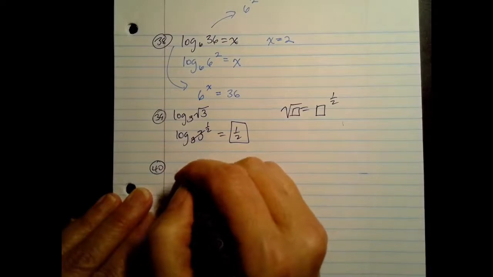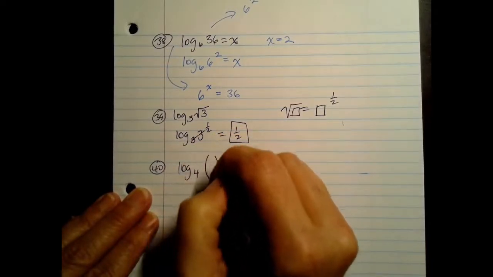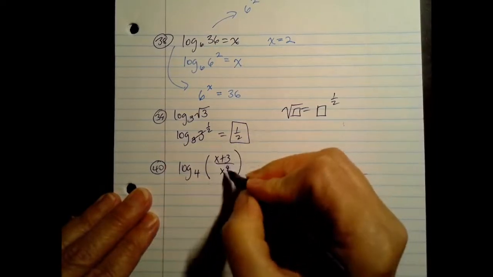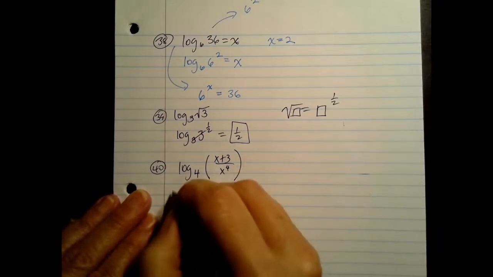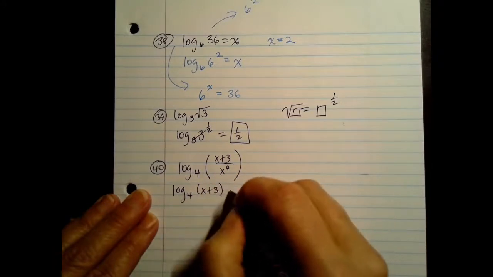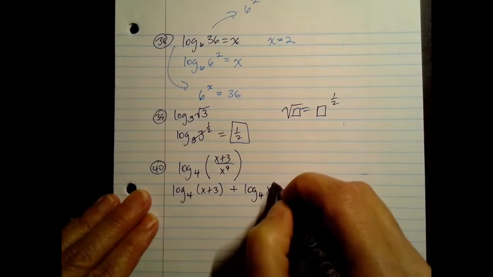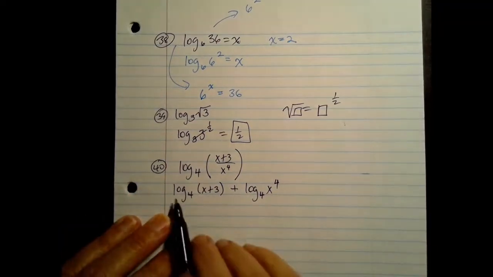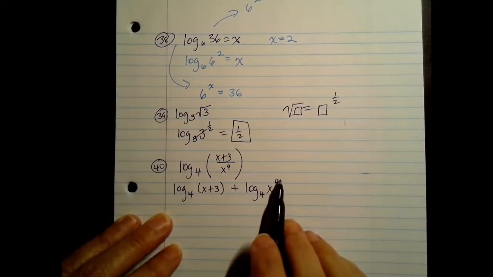Okay, next. Oh, okay, expand. Log base 4 of x plus 3 over x to the 4th. Remember, this is the quotient rule. Quotient rule says that those things were actually subtracted. So I write it out. I expand it. Okay, so now I have log base 4 of x plus 3 minus log base 4 of x to the 4th.